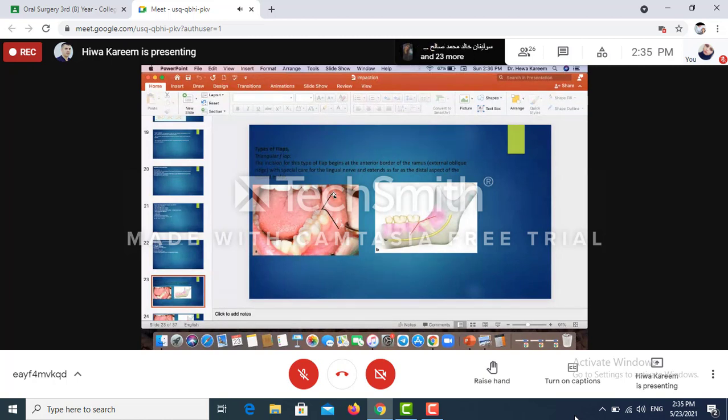The incision for this type of flap begins at the anterior border of the ramus. Where is the anterior border? It means the external oblique ridge, the anterior border of the ramus. This is the internal border, this is the external border.